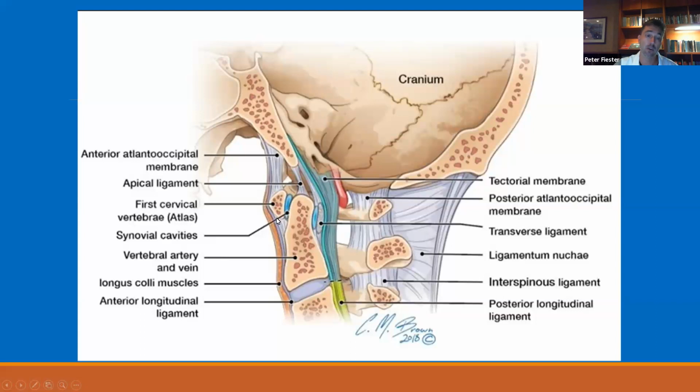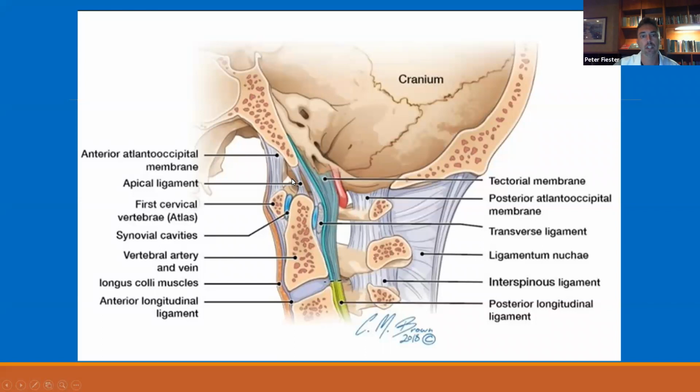Then you have your atlanto-axial membrane, which runs from the anterior tubercle of C1 all the way down to the C2-3 disc space, and then continues, of course, as the anterior longitudinal ligament. So biomechanically, what does this ligament do? Well, this is probably a minor stabilizing structure of the craniocervical junction. It probably provides some degree of passive stability and prevents anterior translation of the arch in relation to the dens.